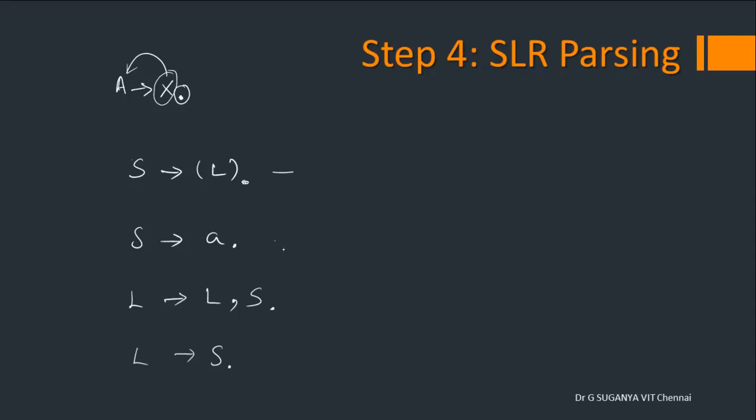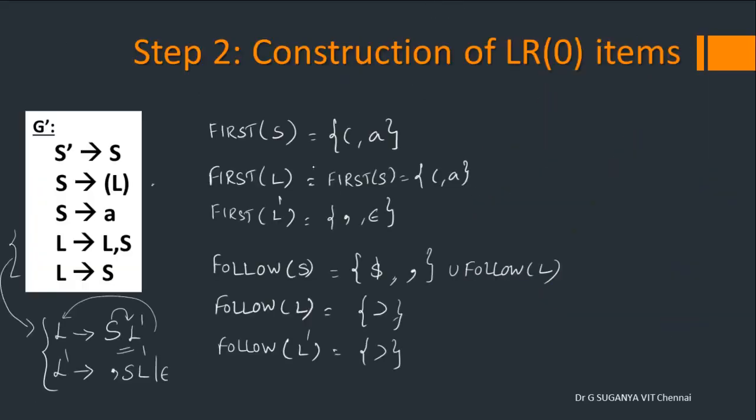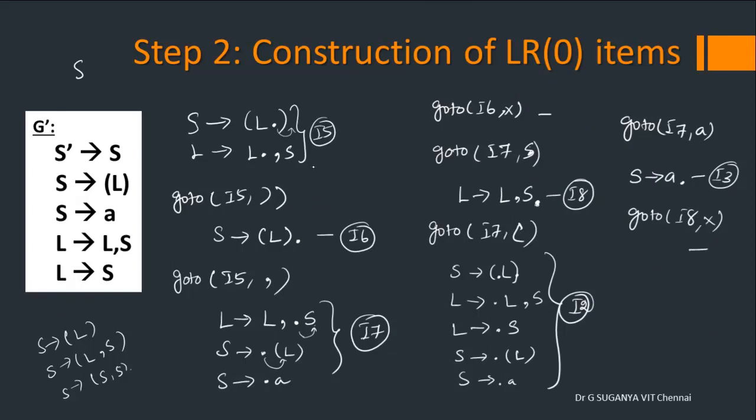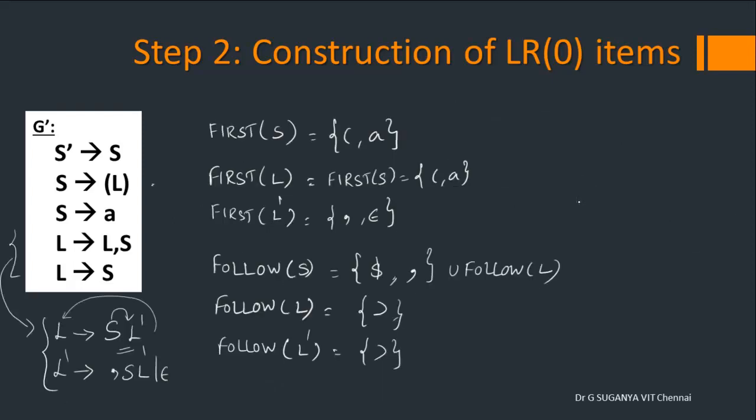We found this in I3, this we saw in I4, this is actually in I8, and this is in I6. We can go back and check it once before proceeding. You can see I6 has S gives this one, and I8 has another one.